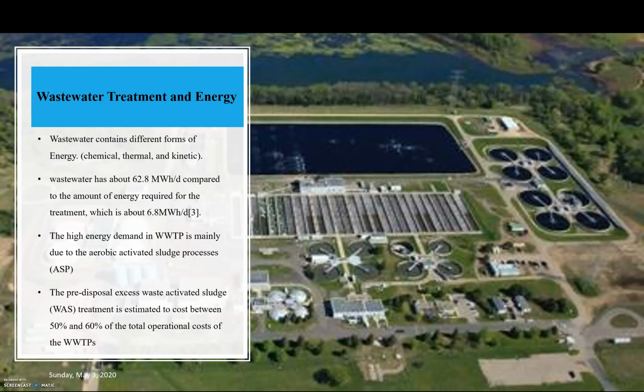Chemical energy in the cell is estimated to be about 10 to 14 kilojoules per gram COD, and the thermal energy yields about 21 megajoules per cubic meter for any drop in temperature of about 5 degrees Celsius, while the potential or kinetic energy is estimated to be about 30 kilojoules per cubic meter over a 10 meter drop.